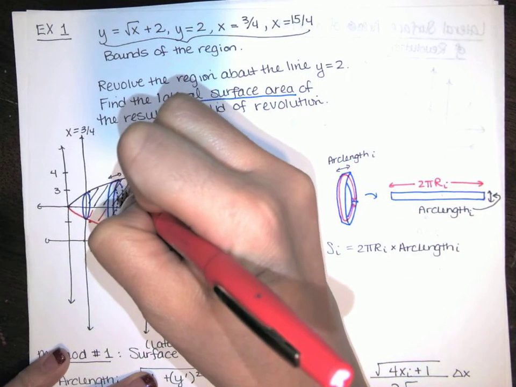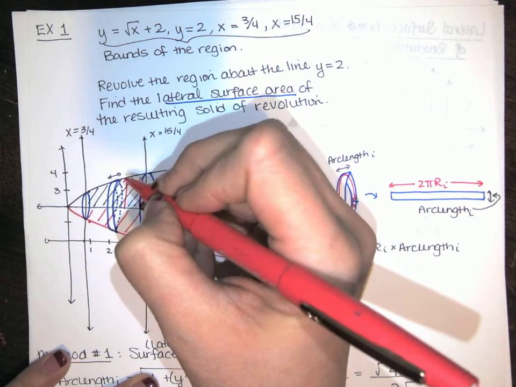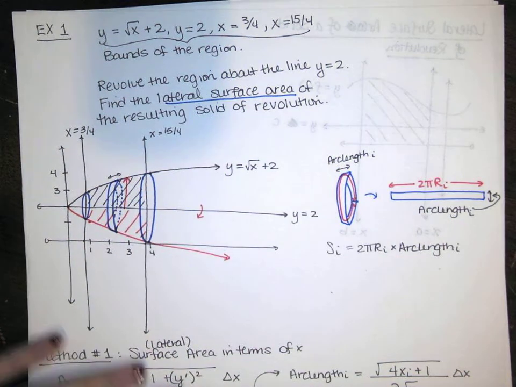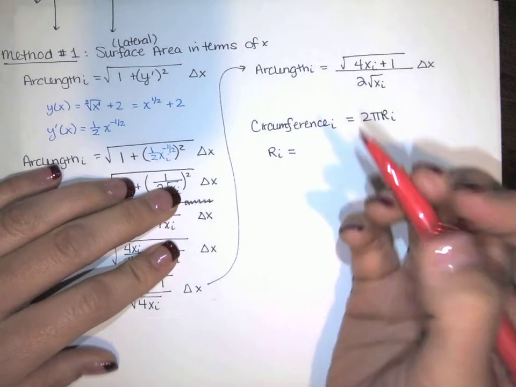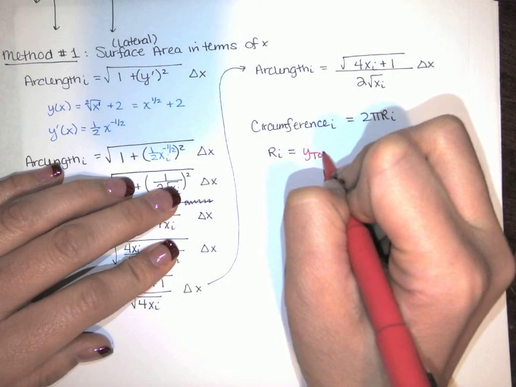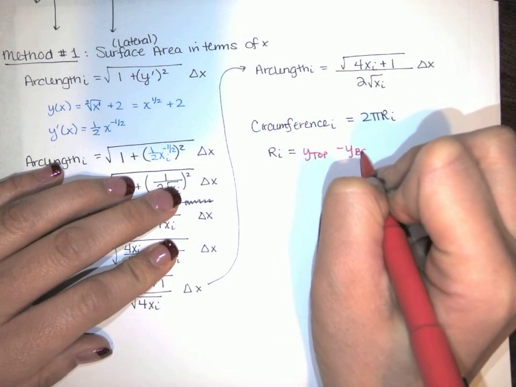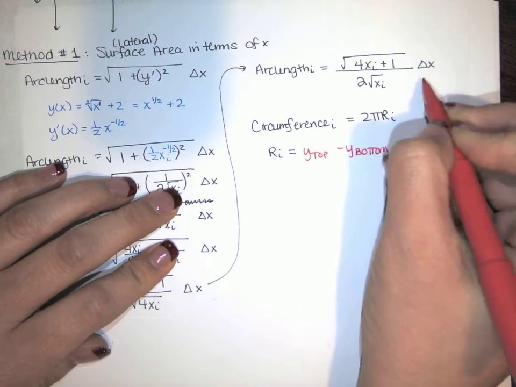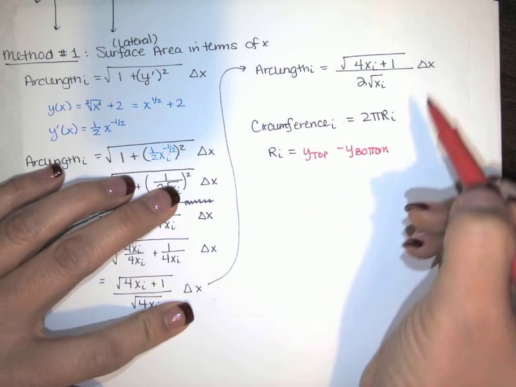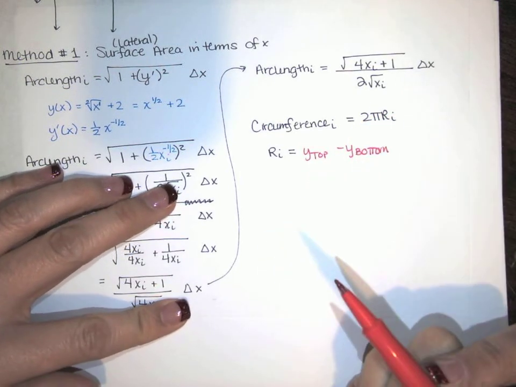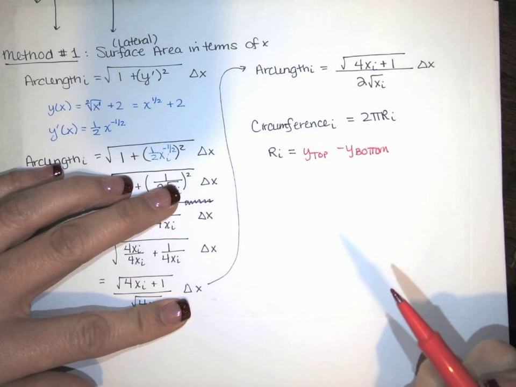It's the distance from there to there. So it's the top y value minus the bottom y value. Because of this delta x that we chose, this is the top y minus the bottom y in terms of x.